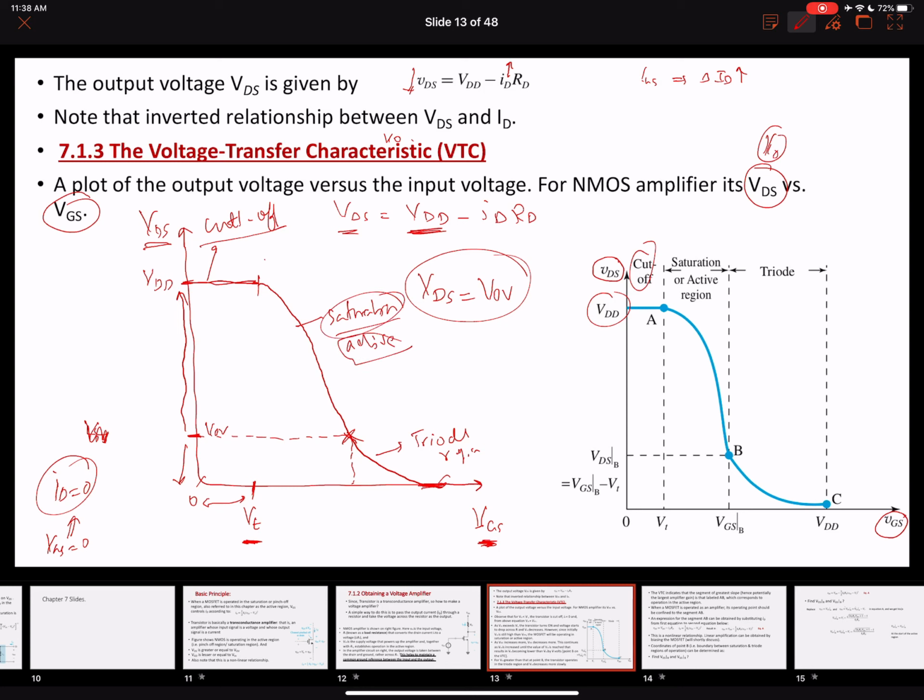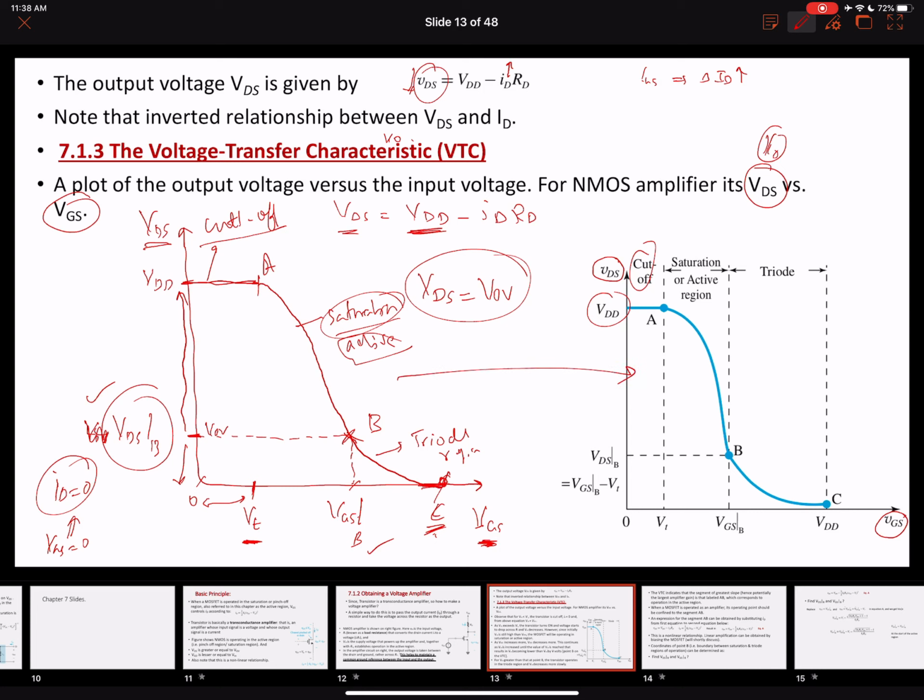Let's call this point A, this point B, and this point C. Point C is when our VGS becomes equal to VDD and our VDS again becomes equal to 0. The important thing is the voltages at point B will be VGS at point B and VDS at point B. Shortly, we are going to determine the values of these.